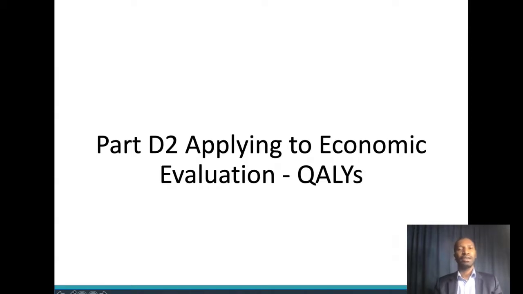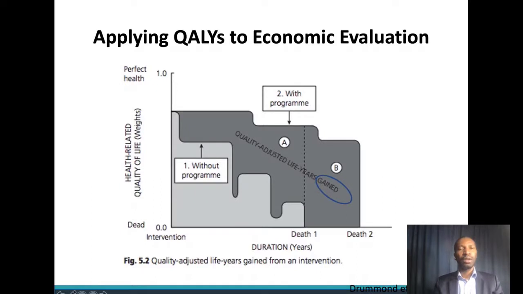How do we apply QALYs to economic evaluation? Let's take a moment to look at this graph, which shows on the x-axis the duration in a given health state, and on the y-axis the health-related quality of life weights. This goes from 0 to 1, where 0 is the death state, and 1 is perfect health.